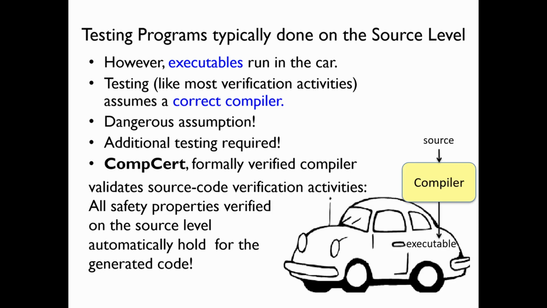However, if the compiler is not correct, which is the case for most compilers, the compiled executable program may perform something different from what the source tells you. The verified correctness properties on the source level are only guaranteed to hold for the executable level if one uses a verified compiler like CompCert, the first verified optimizing C compiler.